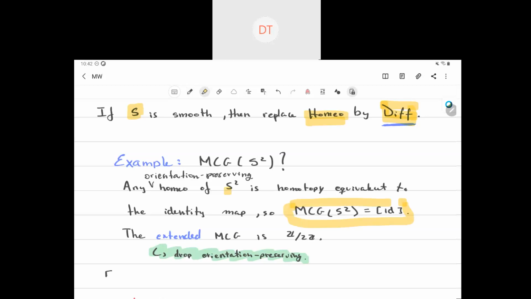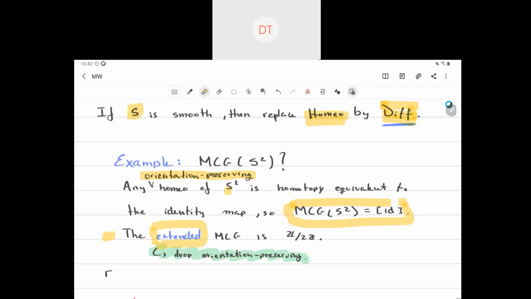And there's this other notion. This is really not important right now, but we made a choice here of only considering the orientation preserving maps, but we could have considered every homeomorphism, and then that's where we get the extended mapping class group. Of course we get something different because we get more maps.